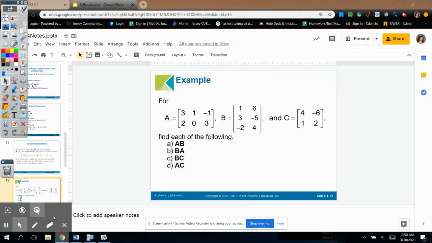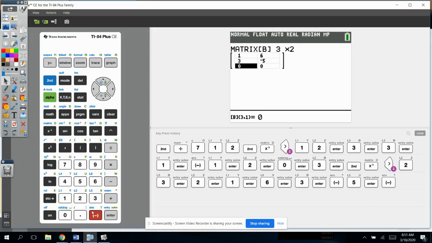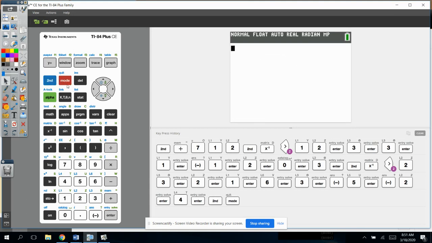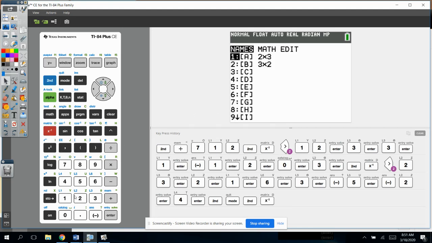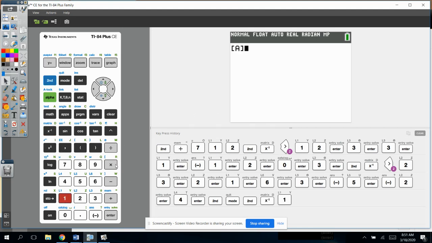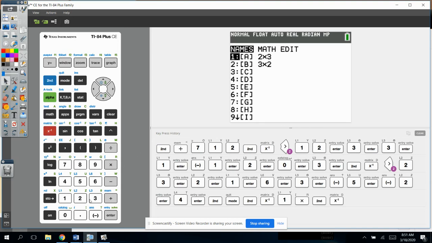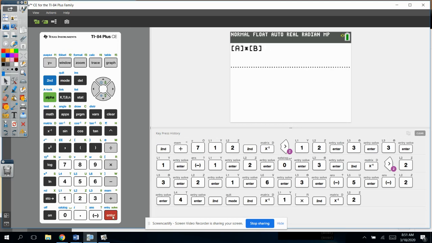And then the last two, negative 2, 4. Okay. So second quit, because we're going to multiply those guys. So take second matrix. Now I'm going to select A times second matrix. I'm going to select B. And there's the same answer I got before.